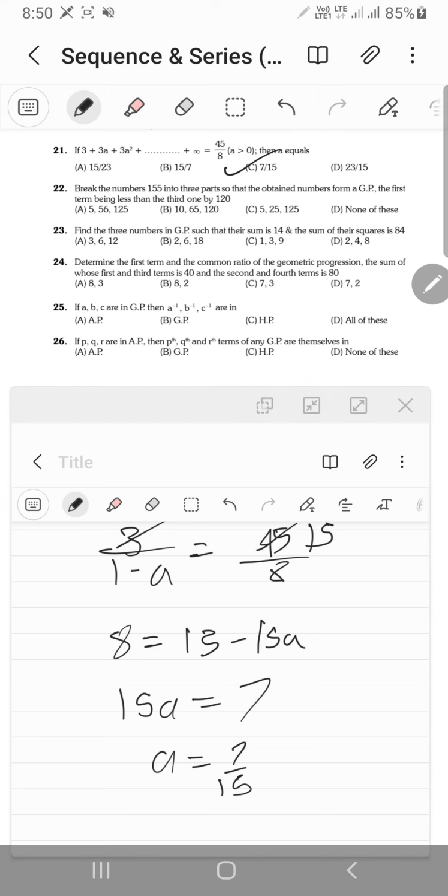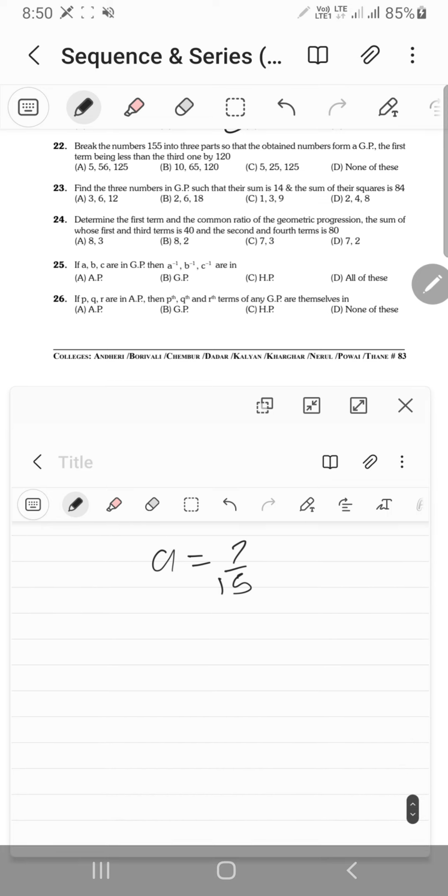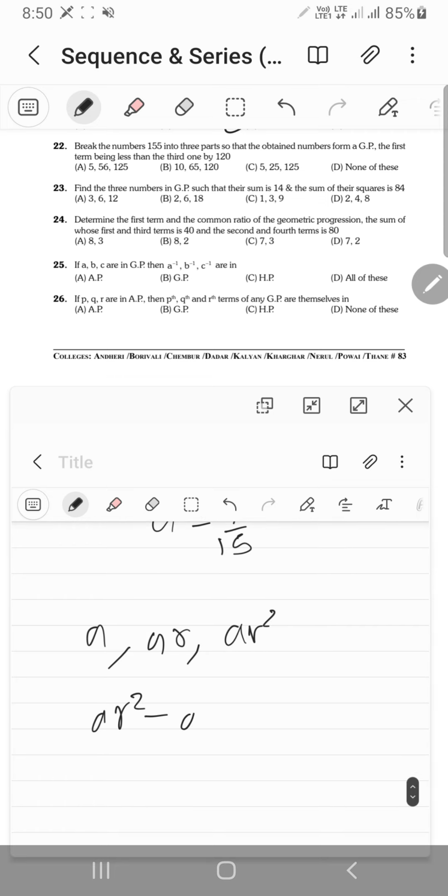Cool. Next, break the number 155 into 3 parts so that the obtained numbers form a GP, the first term being less than the third term by 120. Okay, fine, so it's just A, AR, AR squared. Say these are the three numbers, then you have AR squared minus A, that is 120.